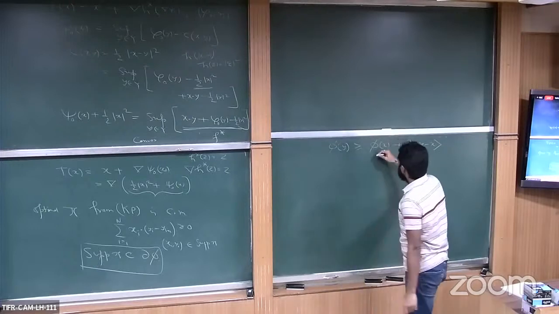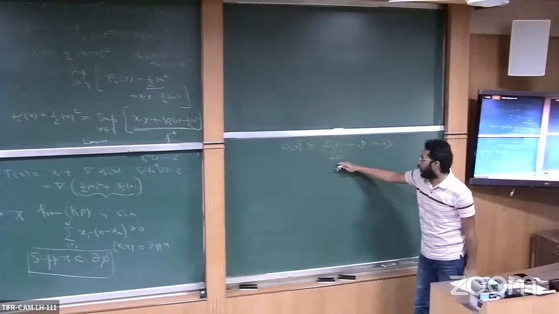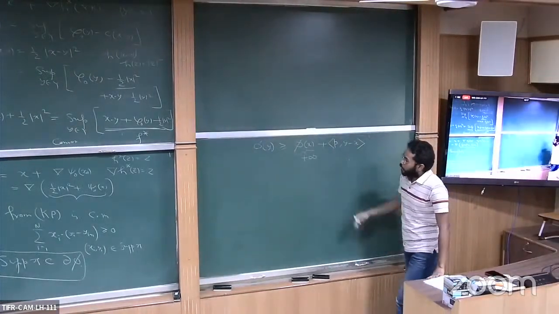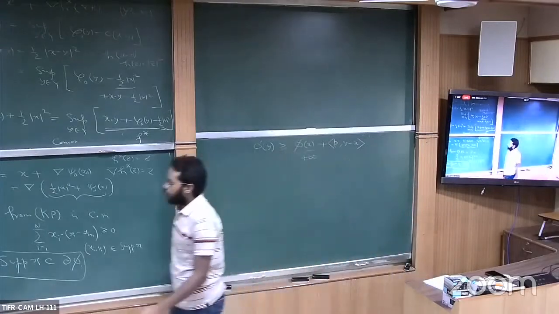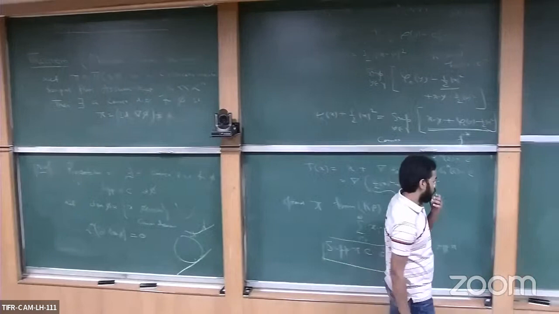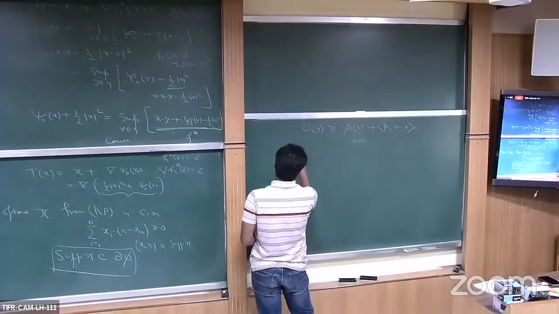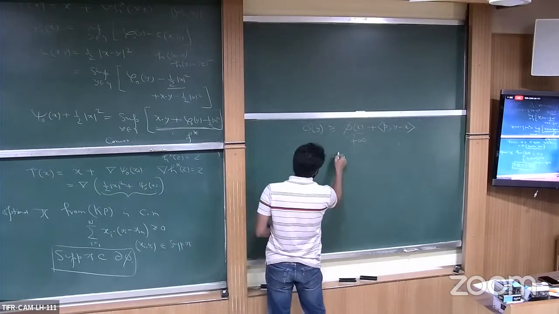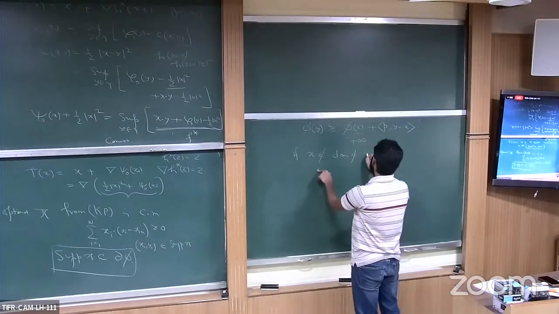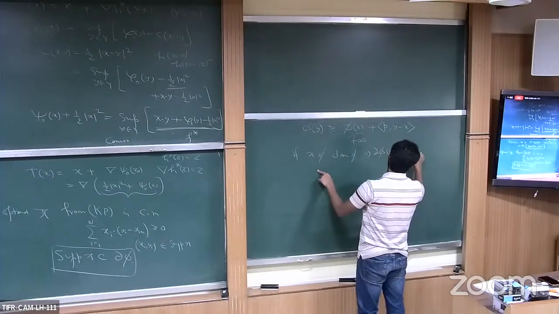If phi(x) is plus infinity, this can never hold. So the subdifferential is always non-empty provided x is in the domain of phi. In other words, if x does not belong to the domain, then phi(x) is infinity, and therefore the subdifferential must be empty.